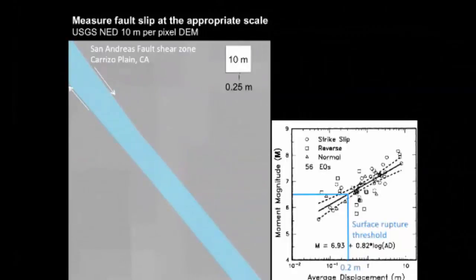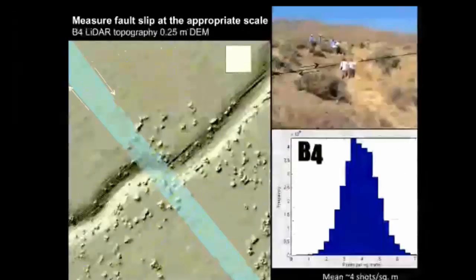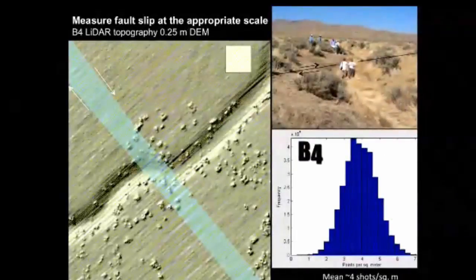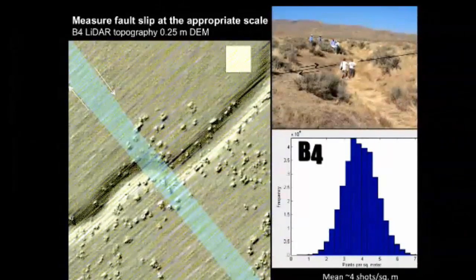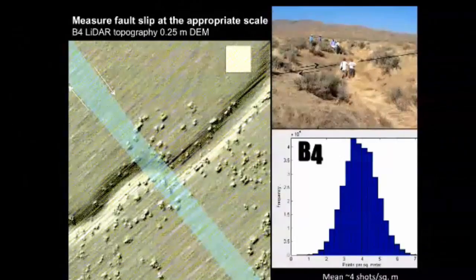So here's another point on the scale. Here is topography at 10 meters per pixel. The San Andreas Fault is going through there. You can't see anything. If you go to 25 centimeters per pixel, same place, you see the B4 laser scan, one of our famous LiDAR data sets for Southern California. All these yellow dots are the ground samples from the laser.